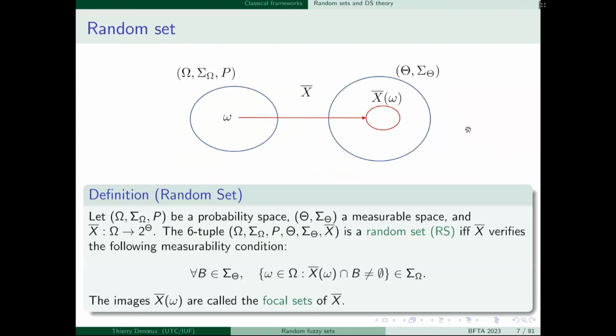This will be important because we will need to give some probability value to this, so it must be an event. This property is called strong measurability. In general, you will not need to care about it, but if you want to be rigorous, we need to impose this property. The images of this mapping are called the focal sets, or the random sets.